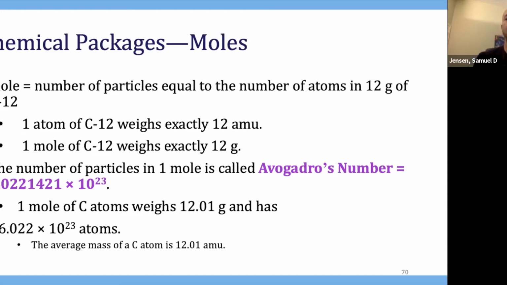So if I have a mole of pennies, I have 6.02 times 10 to the 23rd pennies. If I have a mole of feathers, I have 6.02 times 10 to the 23rd feathers. It is the same thing as a dozen, just a much bigger number because we're talking about atoms. How many atoms do we need to gather together in order to have a substantial mass in order to weigh?